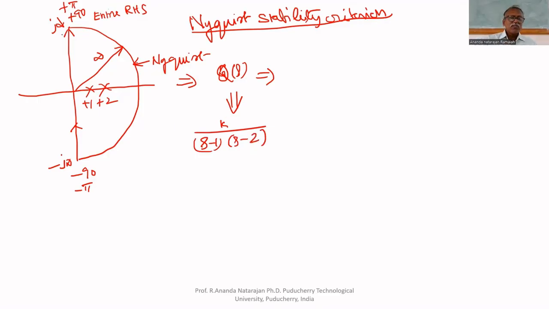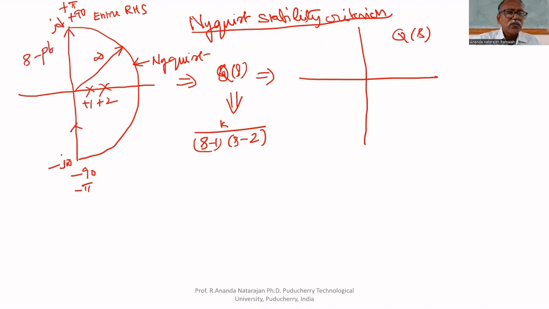If you do the mapping of this Nyquist contour, the mapping is in the Q of S plane. This is in the S plane. The Nyquist contour is in the S plane, and that is mapped in the Q of S plane. Q of S is K upon S minus 1 multiplied by S minus 2. If you do the mapping, it will encircle the origin of the Q of S plane.